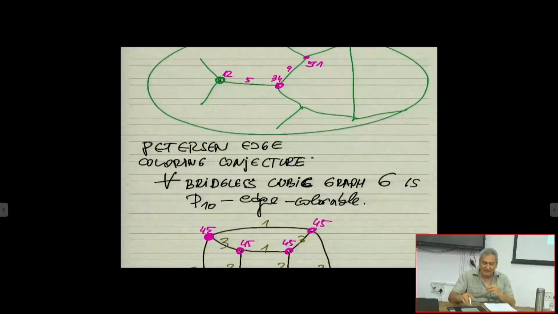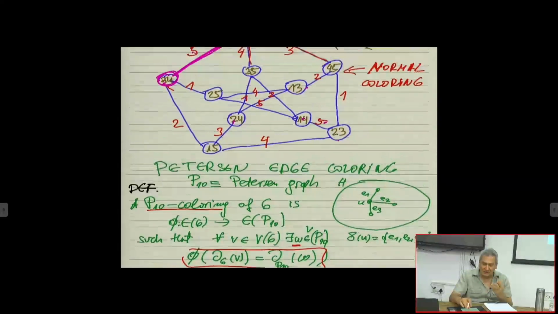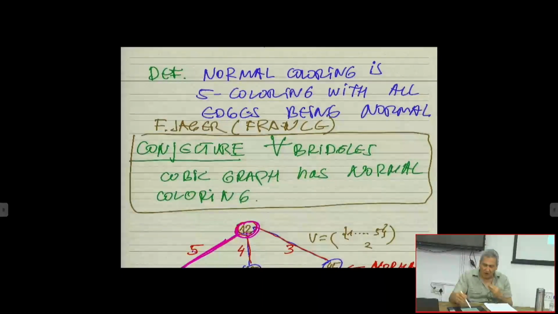And this Petersen edge coloring conjecture is actually a reformulation of this. Actually, the Petersen edge coloring conjecture first appeared by Jaeger, and then Jaeger discovered normal coloring and restated it with this. These two conjectures are the same.